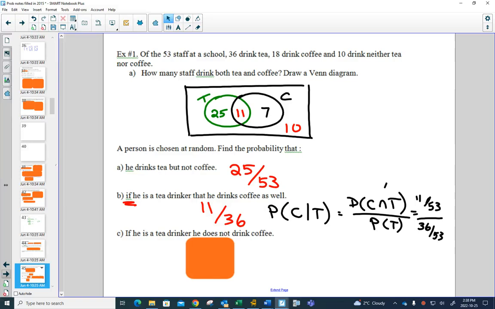The conditional probability formula does it with probabilities, but does it in the same way. If he is a tea drinker, he does not drink coffee, so the given part is a tea drinker. Can you see the bottom of your fraction is going to be the 36 again? But not a coffee drinker, well, that's going to be the 25 out of the 36.